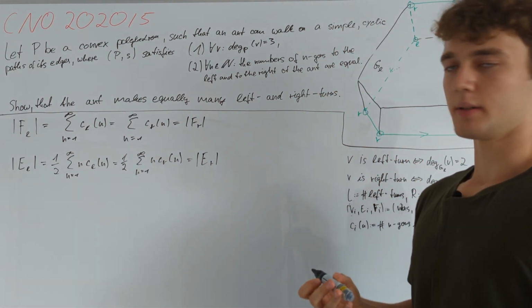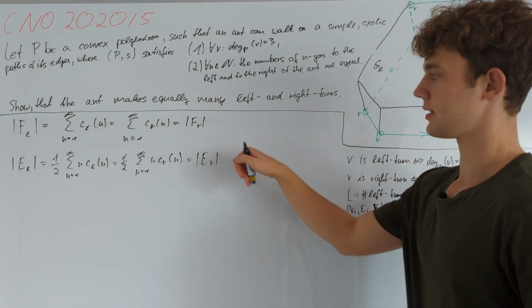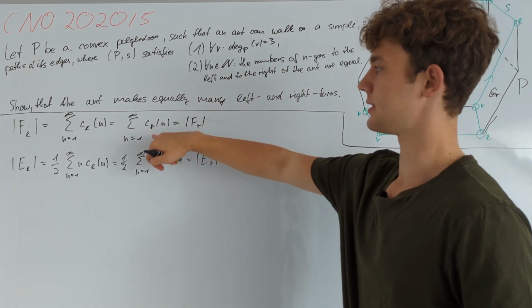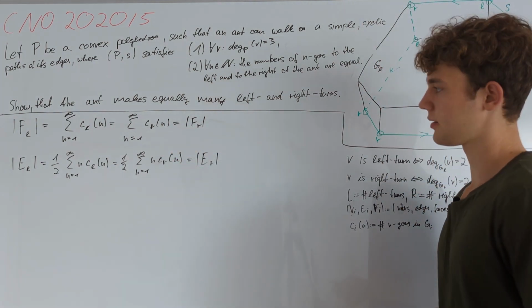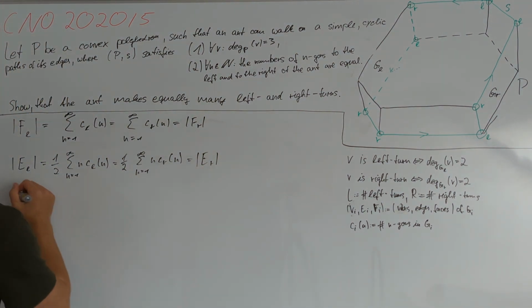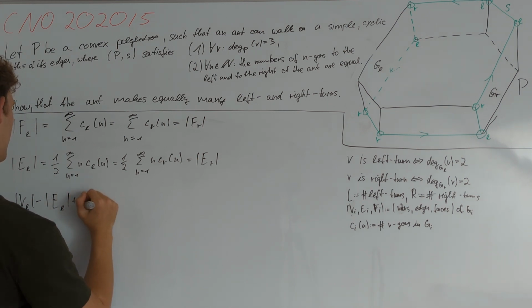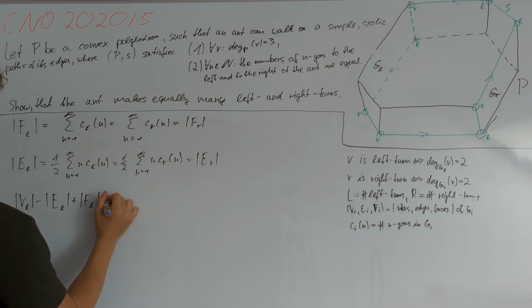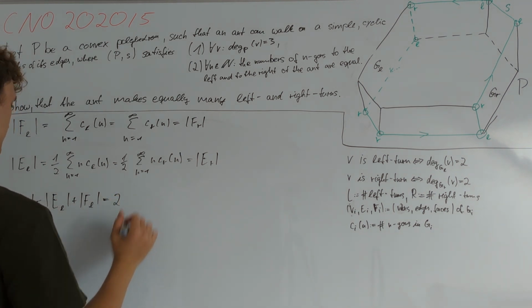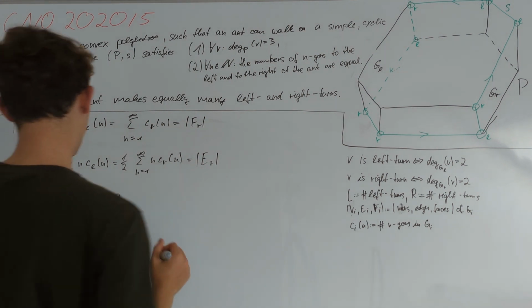So if you have a little bit of experience with planar graphs, you will know how to finish this. We know that EL and ER are equal in size, and FL and FR are also equal in size. But by Euler's theorem for planar graphs, we also know that VL minus EL plus FL is equal to 2, where I didn't always say that I'm talking about the magnitude, but it should be clear in this case.